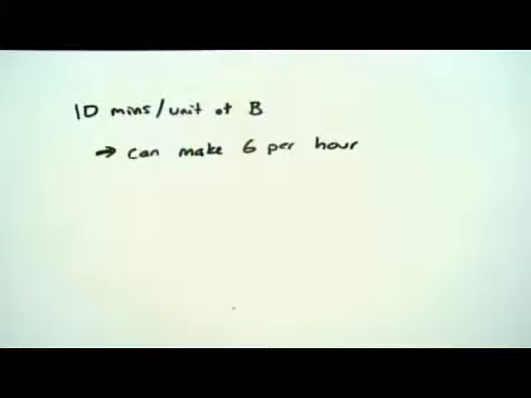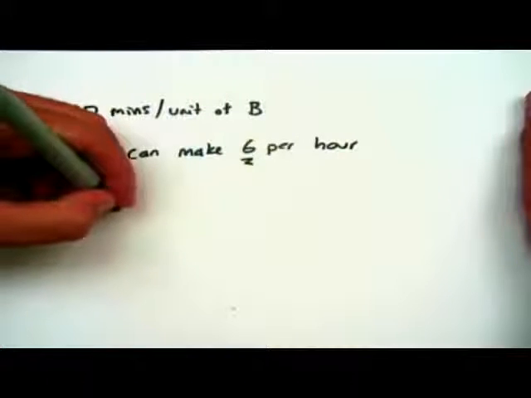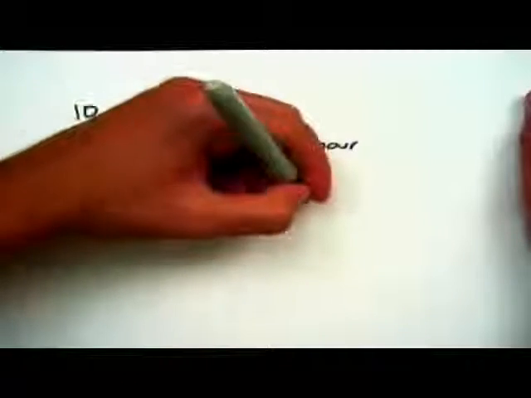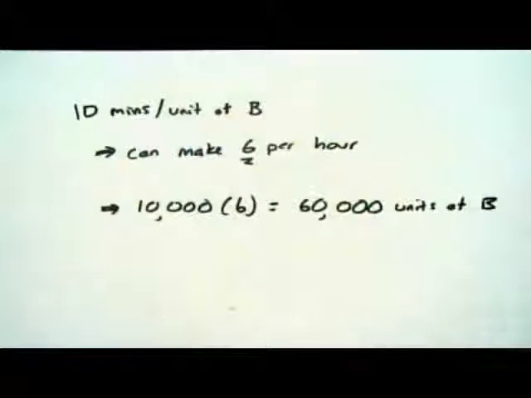How many hours do we have at our disposal? The question tells us that we have 10,000 hours. So if we can make 6 per hour, let me take the 10,000 hours, multiply it by 6, and we get 60,000 units of B. We weren't given a cap on how many of B we can make.